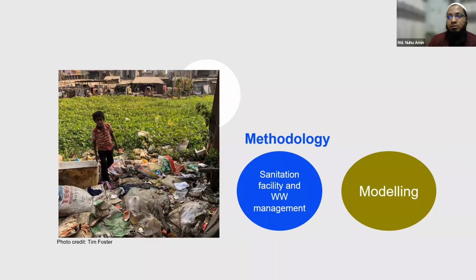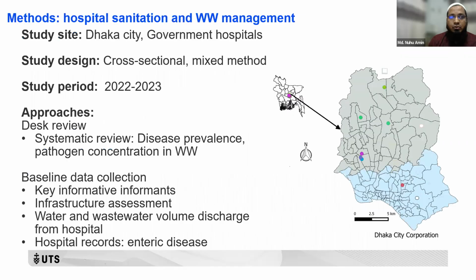I will talk about the methodology in two sections. One is hospital infrastructure data collection, and then we'll go to the modeling section. We will conduct this study in government hospitals, and you can see in the graph that the hospitals are spread throughout Dhaka city.